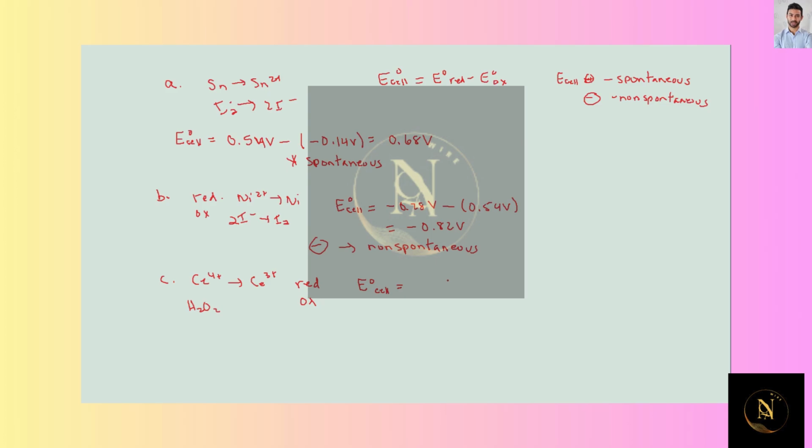The reduction potential is 1.61 volts minus the oxidation potential. When you look up H2O2 as an oxidizing agent, you're going to get a potential of 0.68 volts, and therefore we get 0.93 volts. Because E is positive, this is going to be a spontaneous reaction.